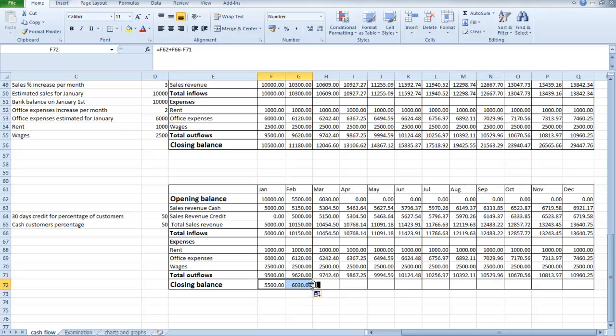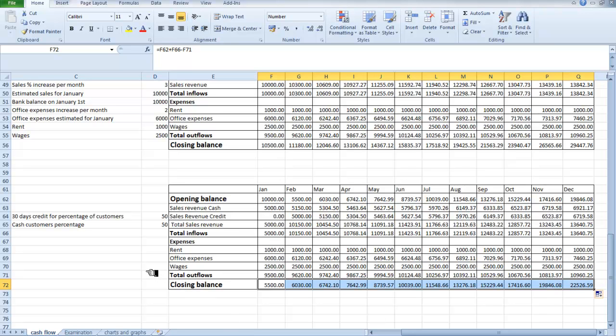But note that the bank balance the following month is coming back up, and we drag this all the way along, and we can see that although the business isn't obviously going to go into the red anywhere, what is going to happen is that at the end of the year the closing balance will be less. In other words, there will be less cash available or cash on hand. This does not mean to say that the overall financial position of the business is going to be any worse off, because of course money will be still owed. In other words, there will be accounts receivable, but it does show what's happening to cash flow.